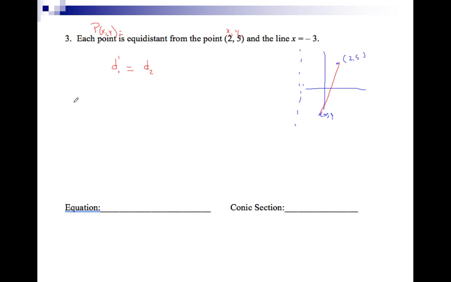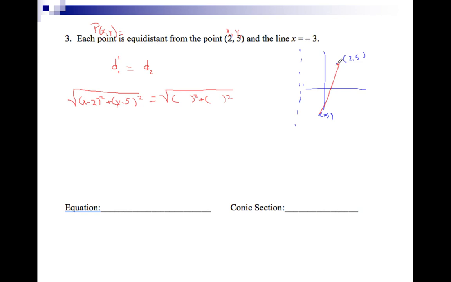Well, the first distance is not a big deal. Random point x minus the x coordinate I know, random coordinate y minus the y coordinate I know. That distance is the same as another distance. I have to have Pythagoras, and this is the one that confuses kids, right?